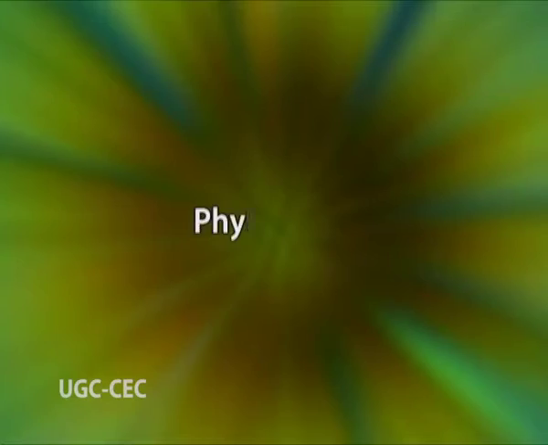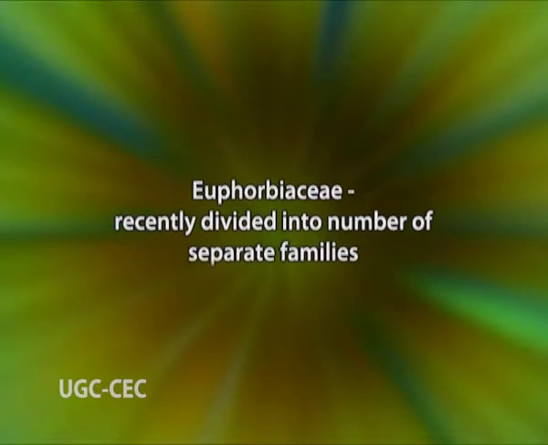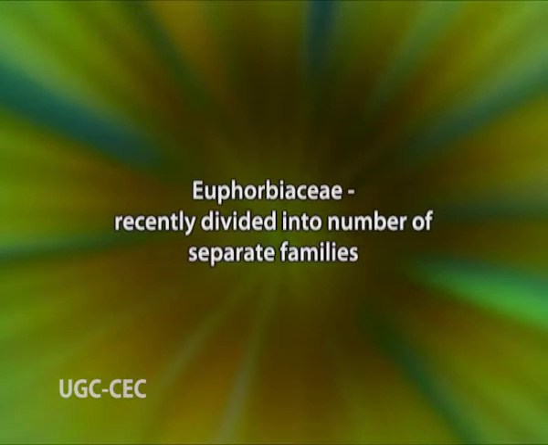Now, the third component of today's lecture is phylogeny. The Euphorbiaceae in the past has been treated as a large group of plants, that is Euphorbiaceae sensu lato. However, it has recently been divided into a number of separate families.